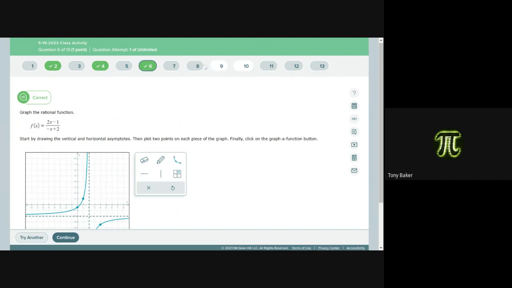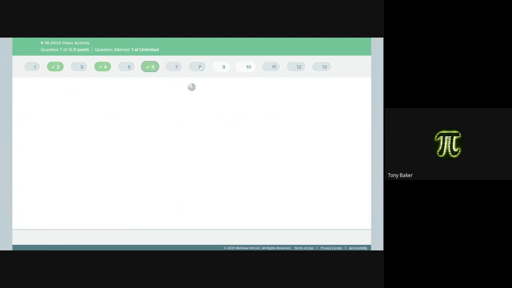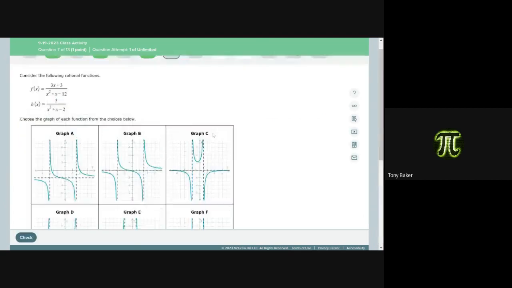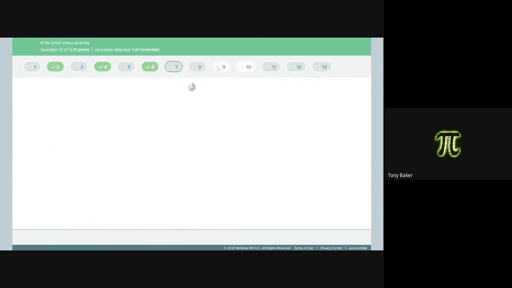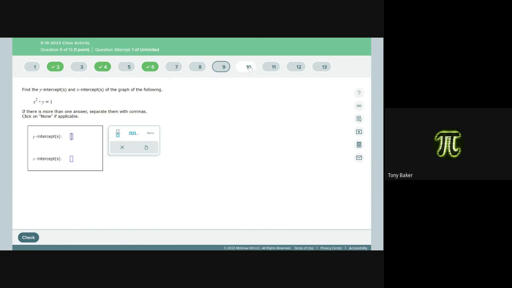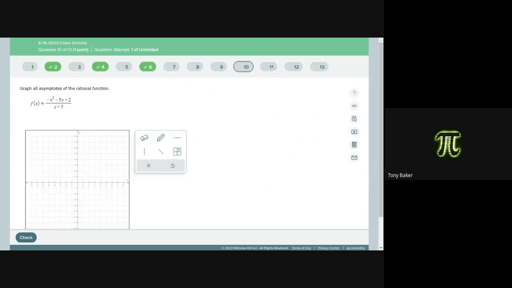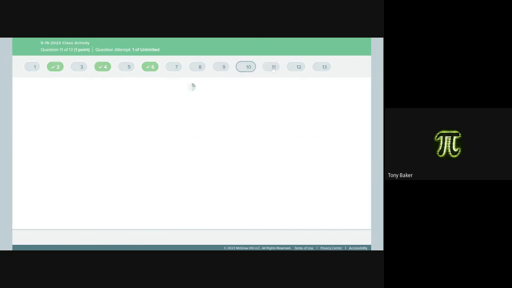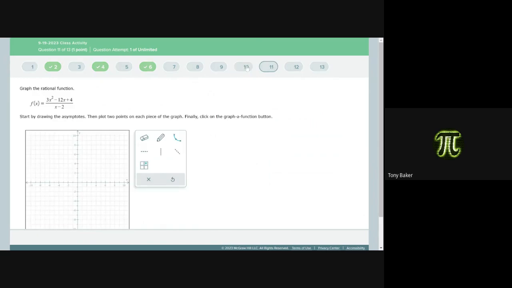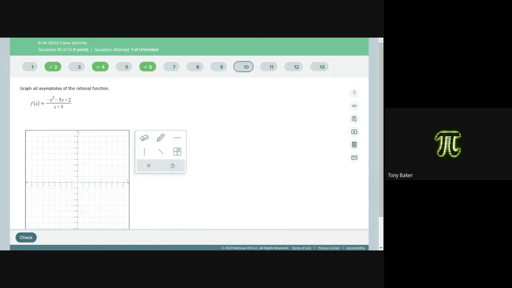All right. Let's skip that one for a second. Come back to that one. This one. Oh, we do have to do slant asymptotes. I lied.